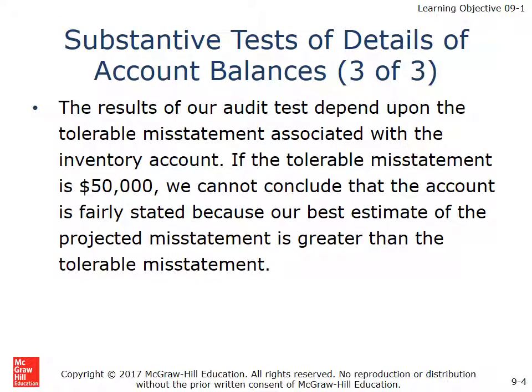The results of our audit test depend upon what we can tolerate as a misstatement. If the tolerable misstatement is $50,000, we cannot conclude that inventory is fairly stated, because our projected misstatement, 60, is greater than the tolerable misstatement.